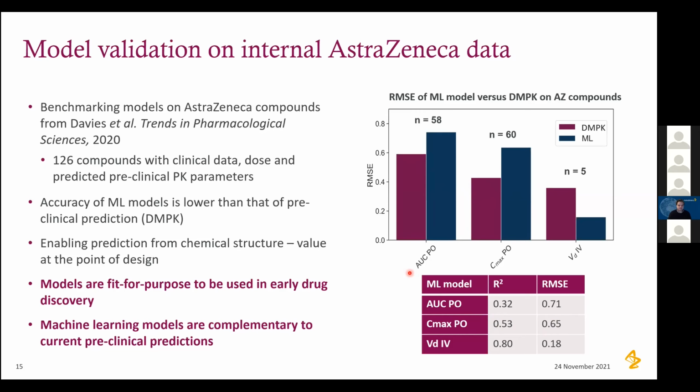From this, we can say that the models are fit for purpose to be used in early drug discovery, and the DMPK methods are better, basically, prior to going into clinic. So the machine learning and state-of-the-art methods are complementary to each other, with the unique selling point, of course, that we can predict it already at the point of design, which is not possible for DMPK.